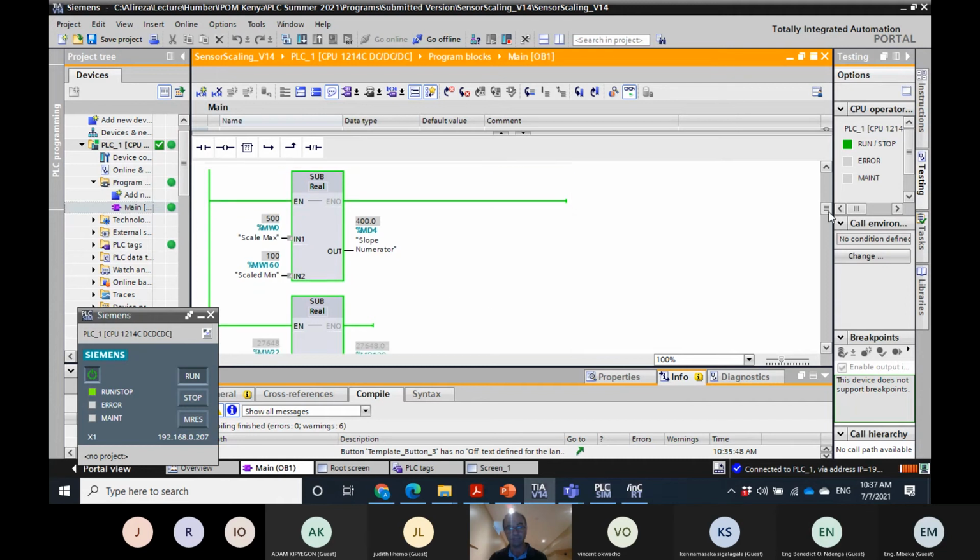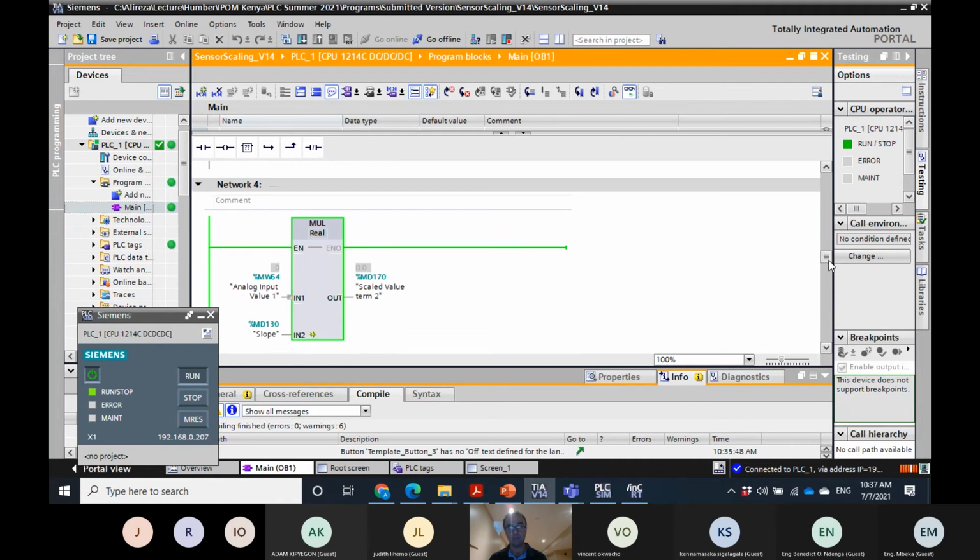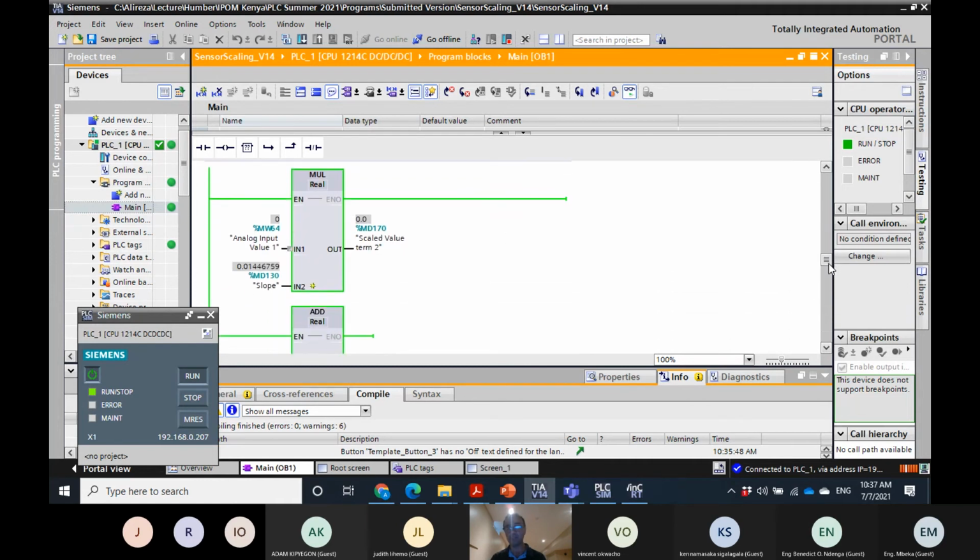Okay. And then for the input, as I mentioned, the input of the PLC is IW64. But this is a simulator. We don't have any physical input. So I replaced that by MW64 in this program.